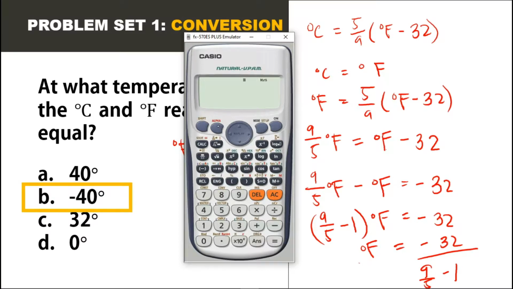Let the degrees Fahrenheit be x. So we input this equation, that is 5/9 times the quantity alpha x, that is degrees Fahrenheit, minus 32. We press shift solve, and that equals negative 40 as our answer.